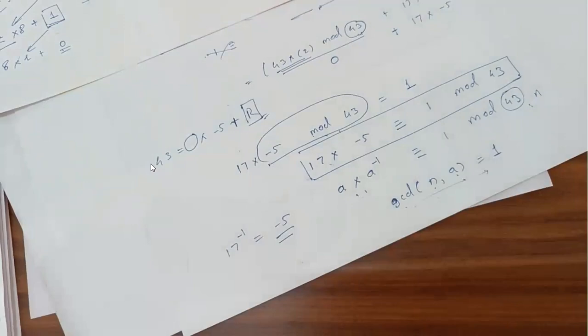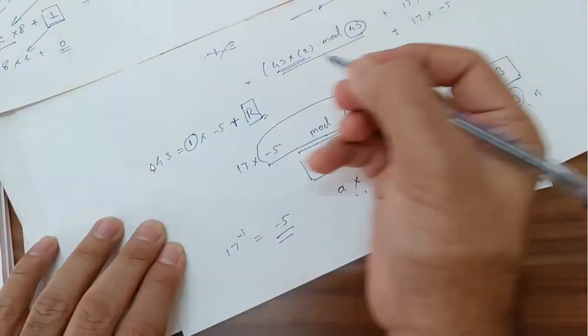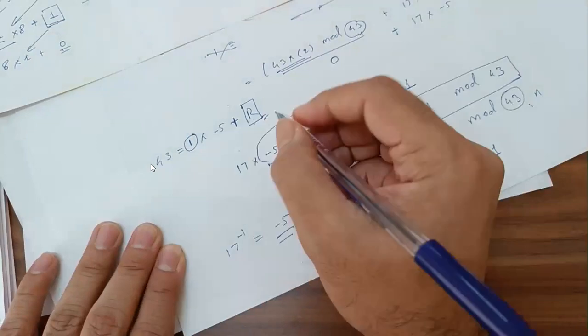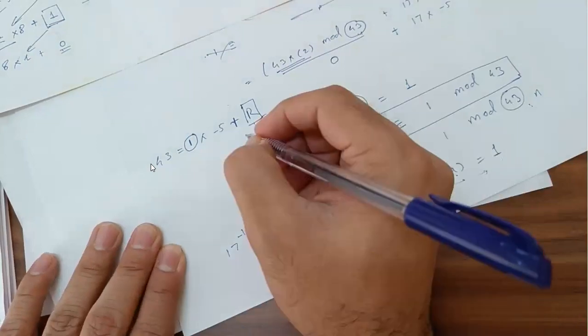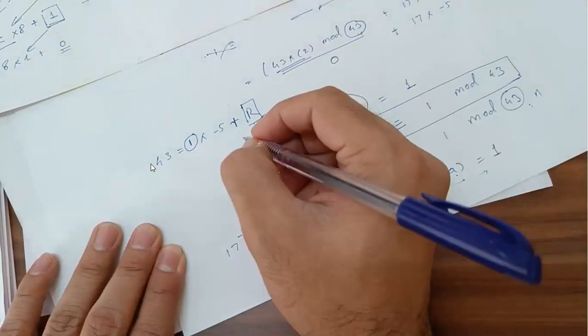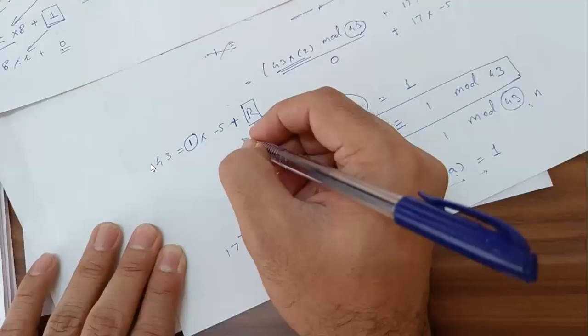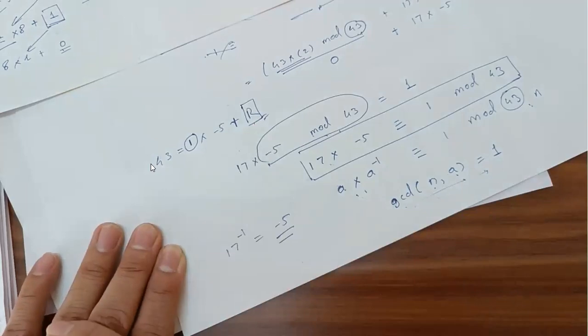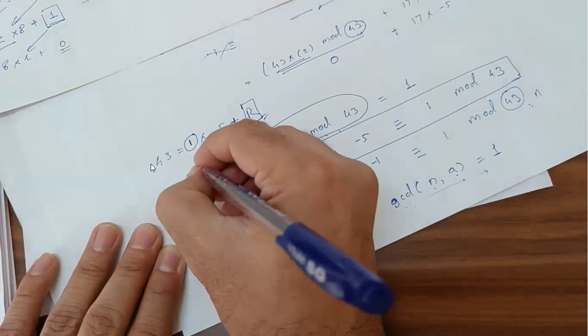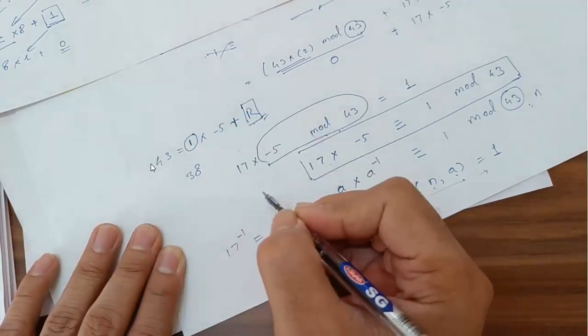You can take the minimum quotient 1. The remainder in that case will be 38. That is correct.